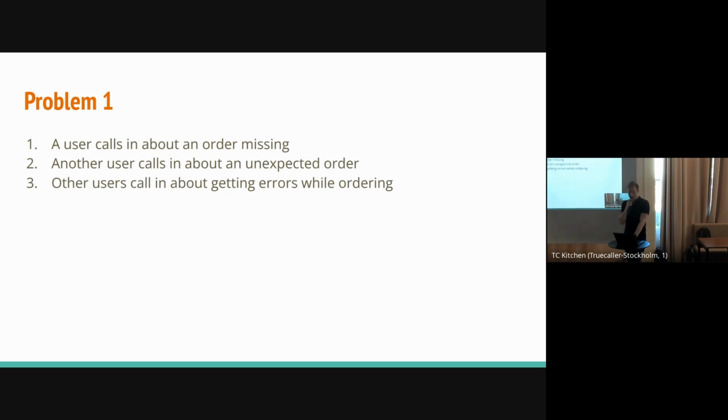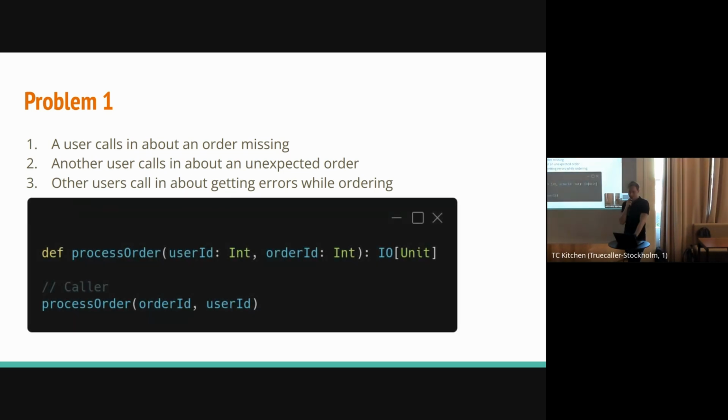You start investigating this, and you find some code, a process order function. It's very well tested. You have unit tests, but you recently added some call site where you mixed up these arguments. So you're sending in the order ID where the user ID is expected.